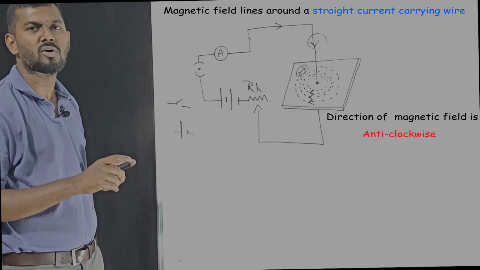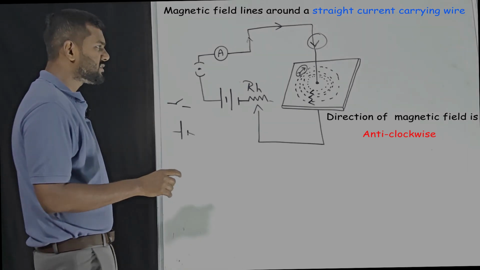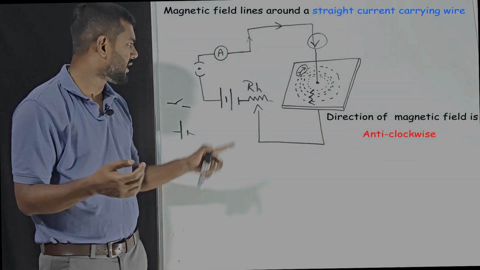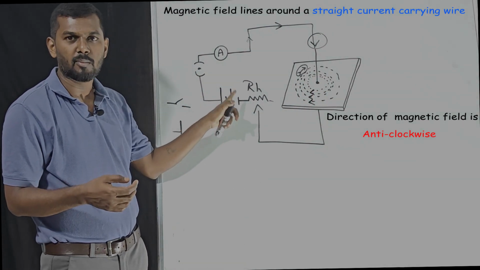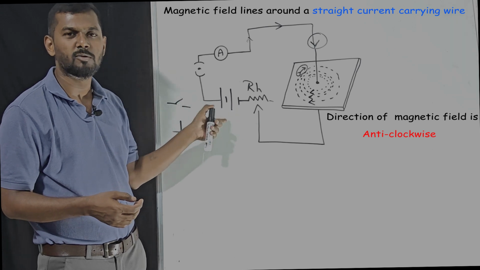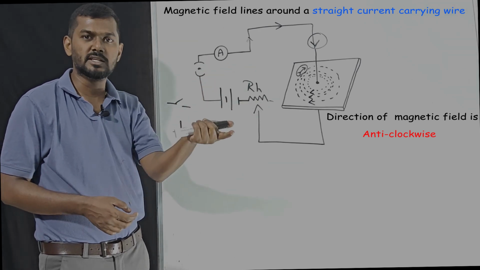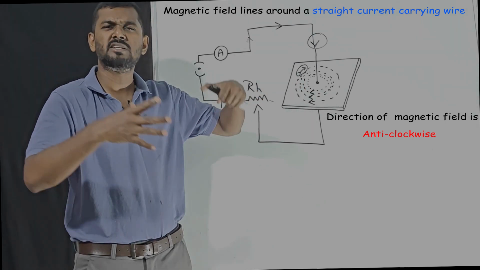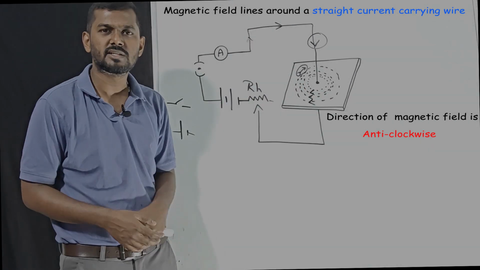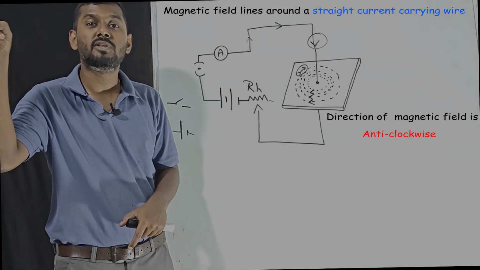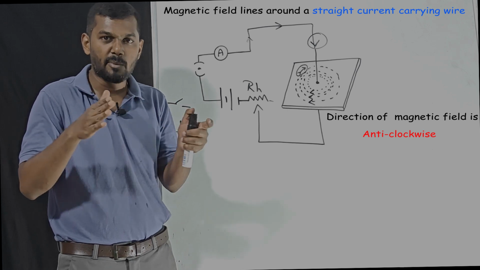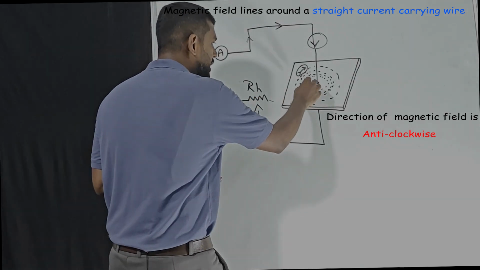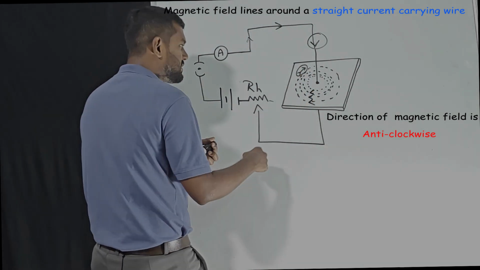So what are the things we need to understand here? First, if you increase the current, what happens? We know that if you reduce the resistance using the rheostat, the current will increase. If the current is increased, the magnetic field increases. But how can we see the increased magnetic field in the concentric circles? The diameter of the concentric circles will increase, that means it becomes denser.